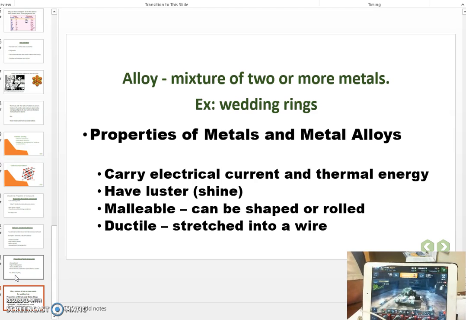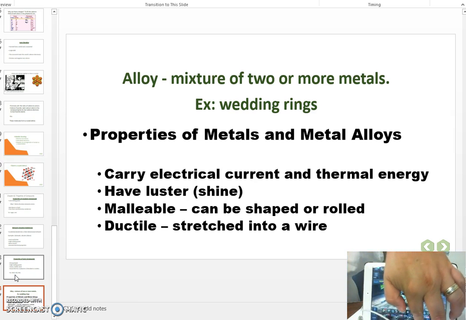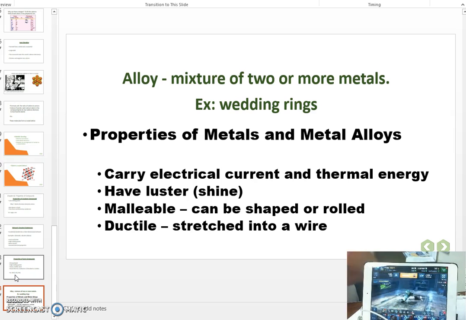But if I just stick with your basic gold wedding ring, pure gold will fall apart. However, when we look at gold combined with something else, well, that's another story. For gold that you can work as jewelry, we need to have it combined with something else. And that's where you get your alloy.